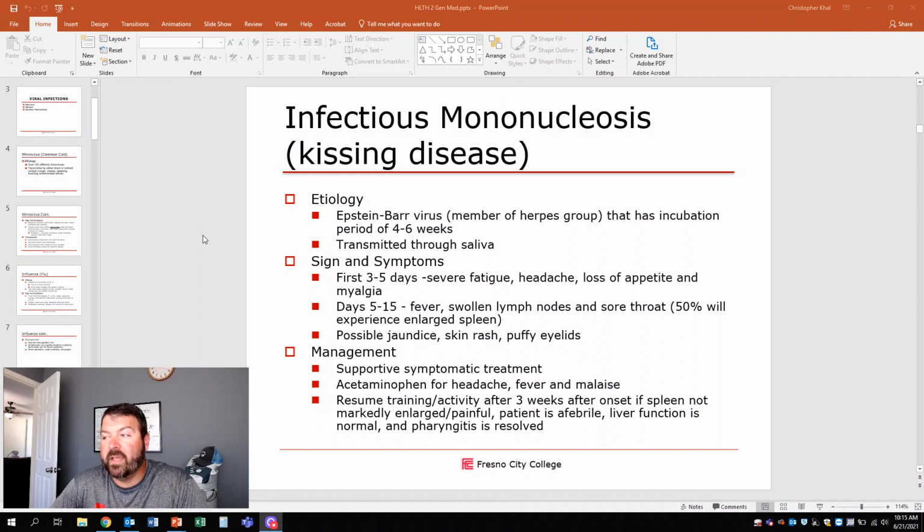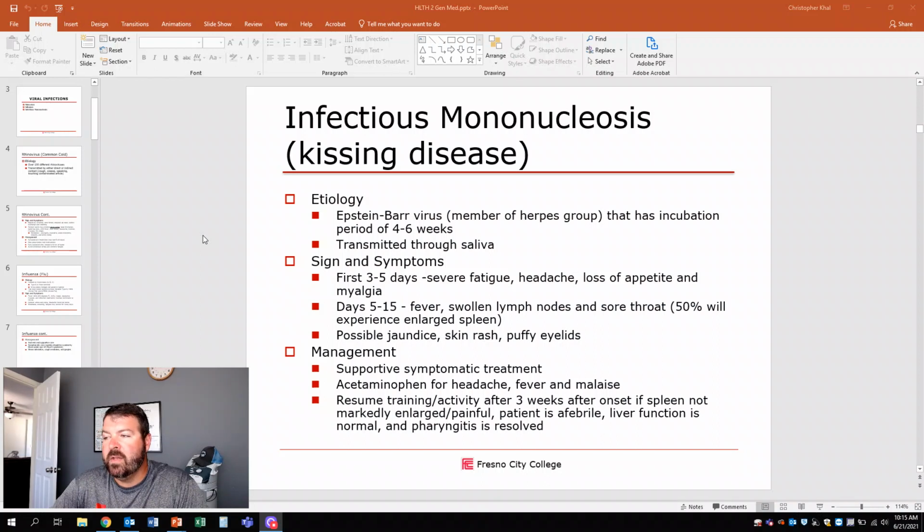That's a big thing in terms of not going back to sport, because that's one, extremely painful if it ruptures, and two, it could kill you. So that's why mono is such a big thing: for one, don't spread it, and two, no contact sports or really extreme things.